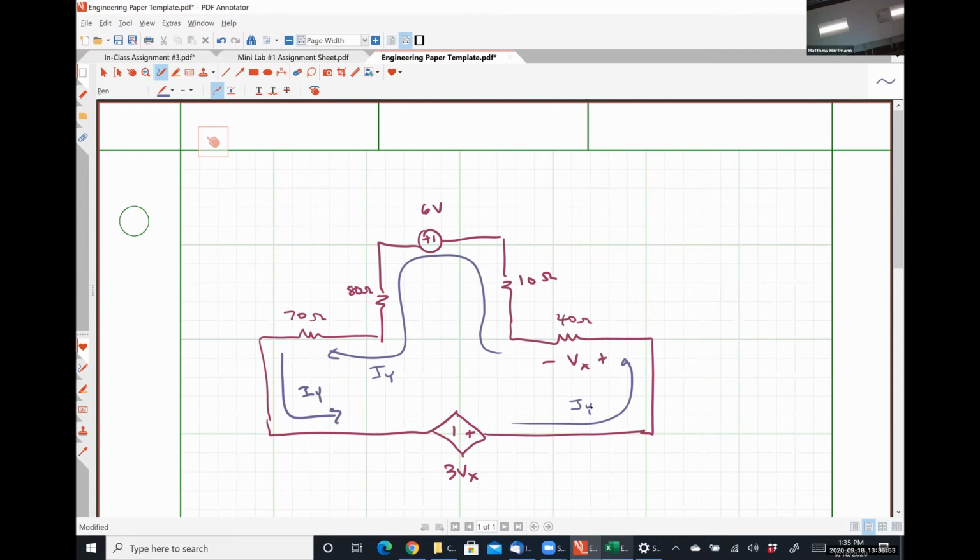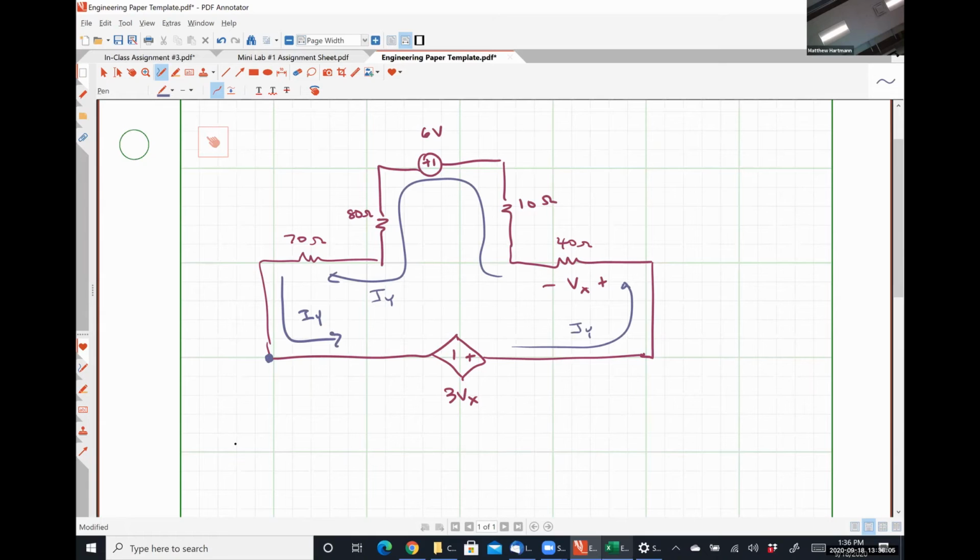So where do you want to start writing our KVL equation? All right, so let's start here, and we're going to follow it counterclockwise. So we have negative 3Vx plus positive Vx, and now we need to have a voltage drop over our 10 ohm resistor, and we're also going to have to assign one over our 80 ohm resistor and our 70 ohm resistor.